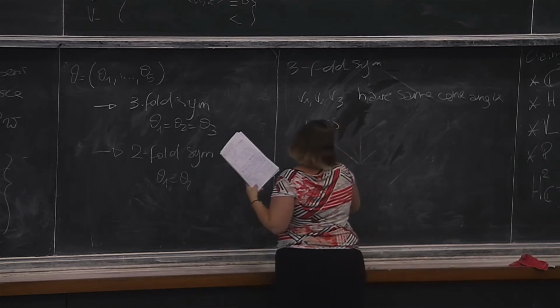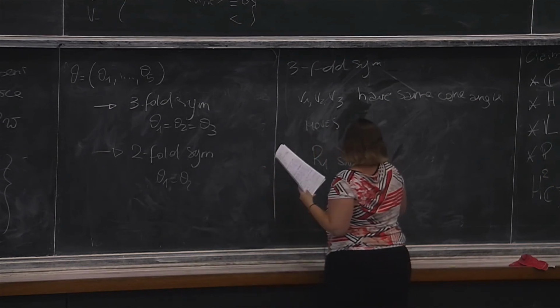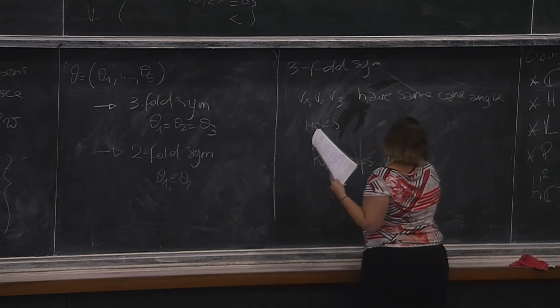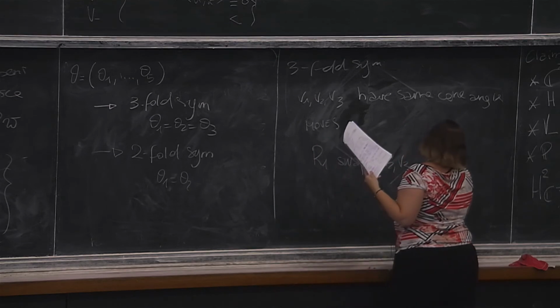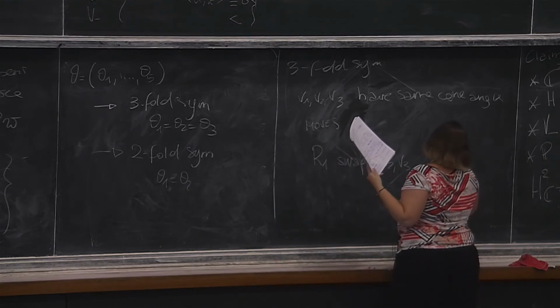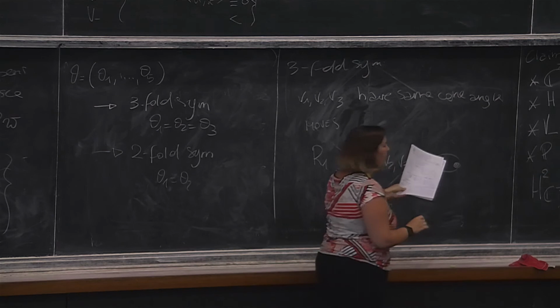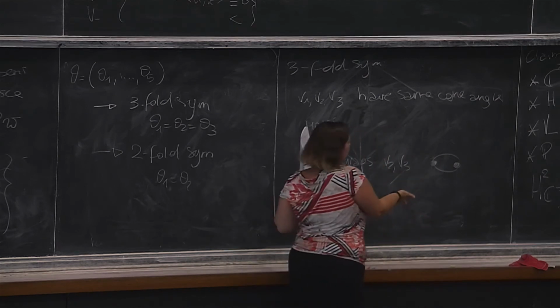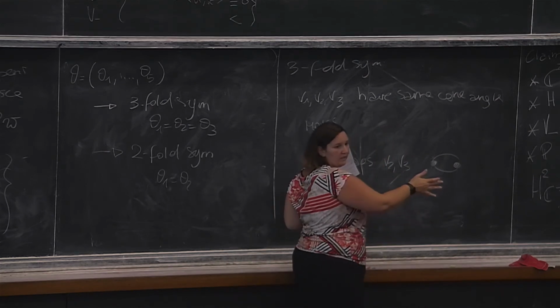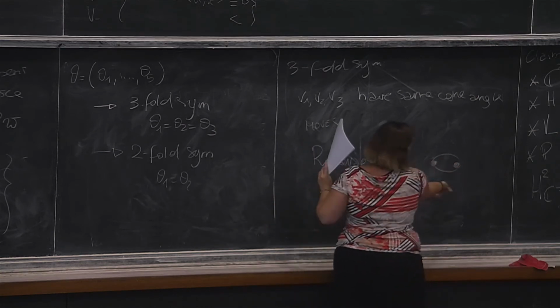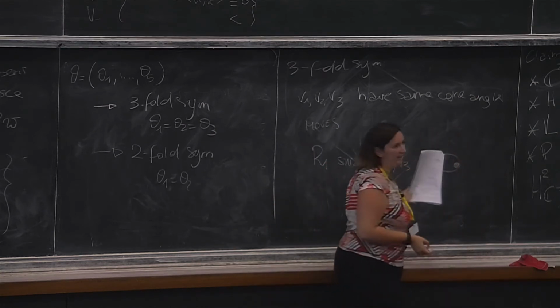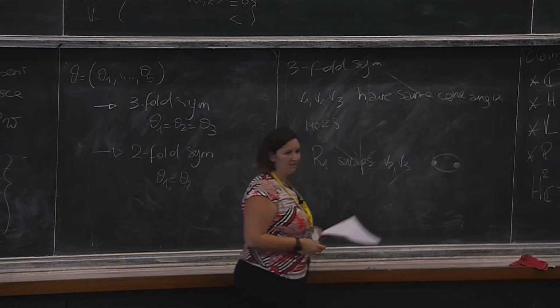So R1 swaps V2 and V3. So we have two cone points with the same cone angle, and we basically take a curve around them, and we're doing some sort of half twist. So it's like we detach a little piece, we turn it around, and we glue it back. Of course, this would not be smooth, but you know what I mean.